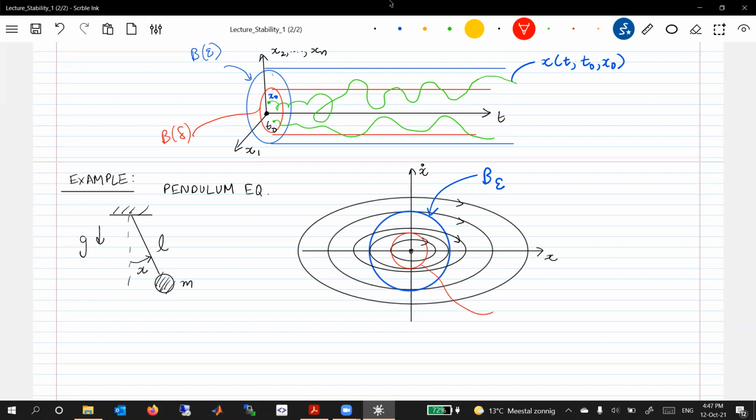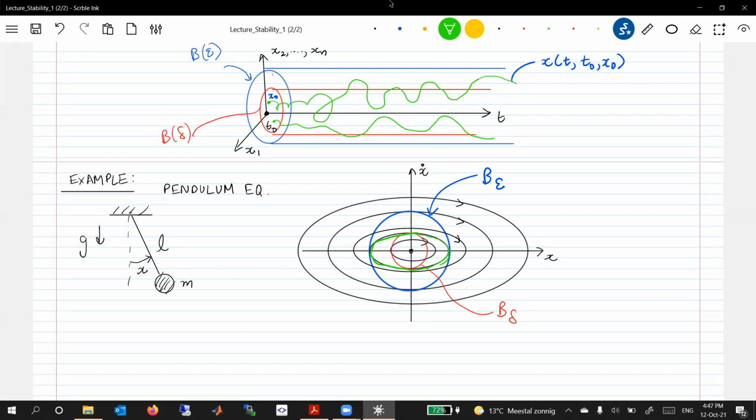Now we can see that even if I pick any initial condition within this delta ball, I would always be confined to the epsilon ball. See here, if we would be following this, I would be at max going and touching the epsilon ball, but I would always be confined to it.